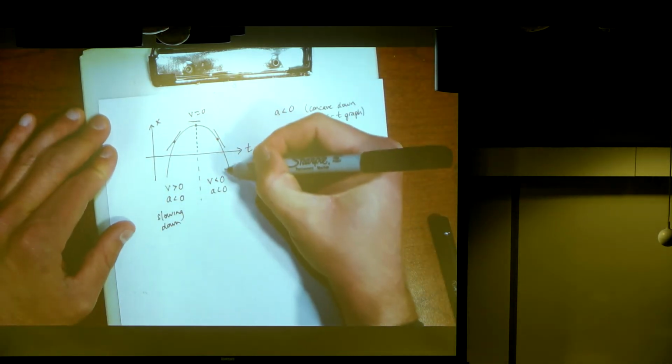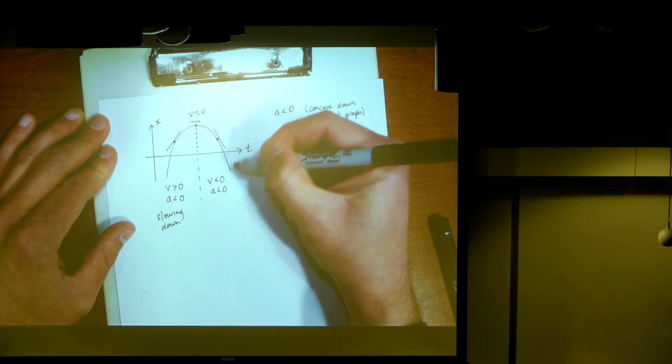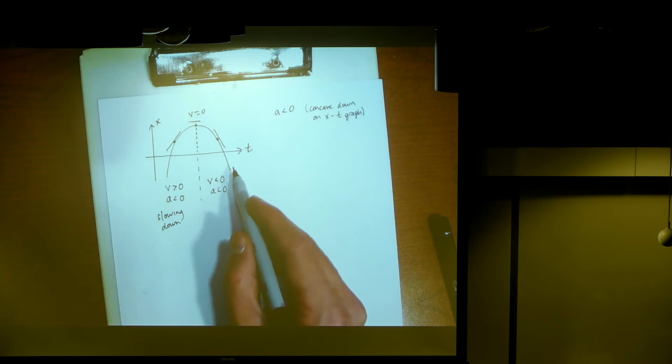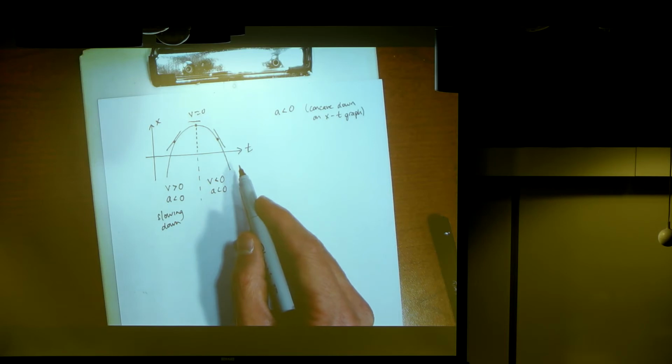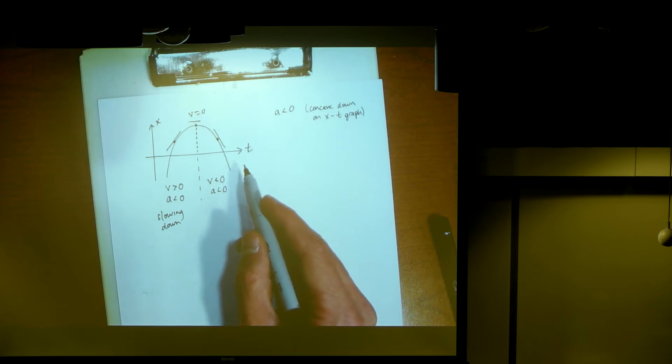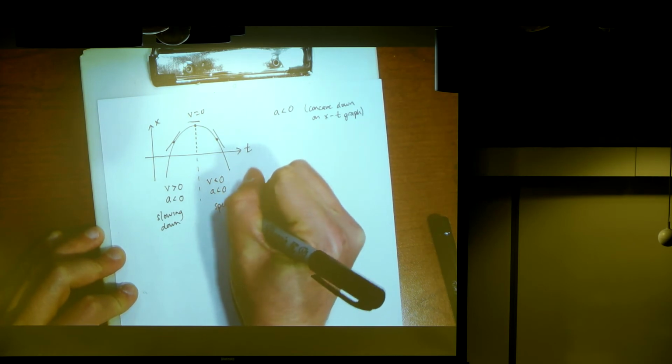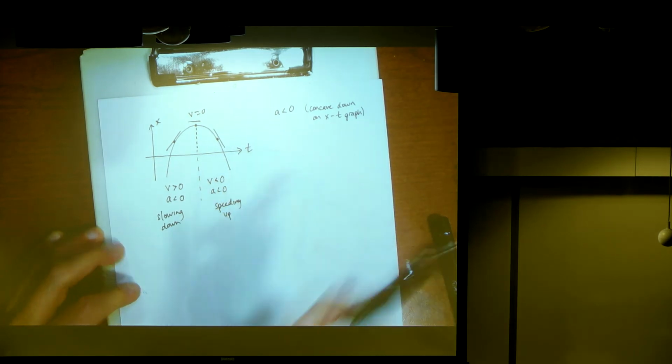The speed is increasing because this line gets steeper and steeper. Velocity has a negative value, which just means you're moving in the negative x direction. But if it's a large negative number, you have a very large speed. So here, we're speeding up, okay?